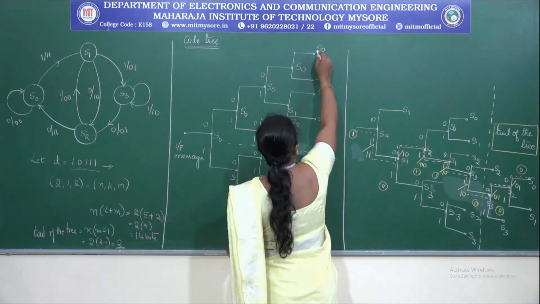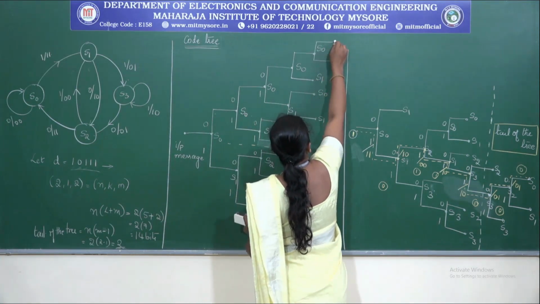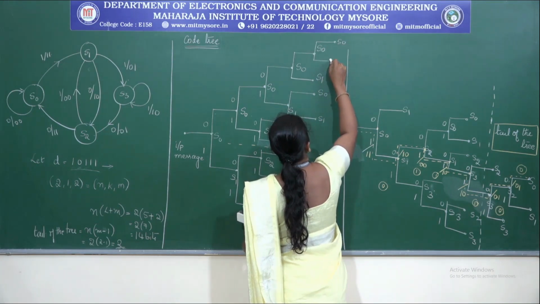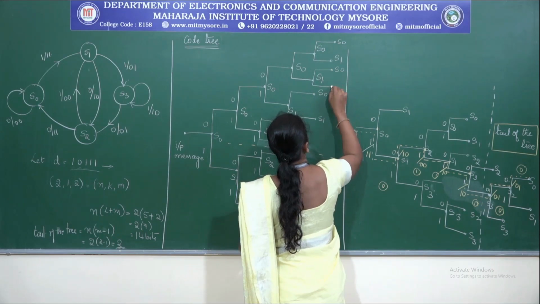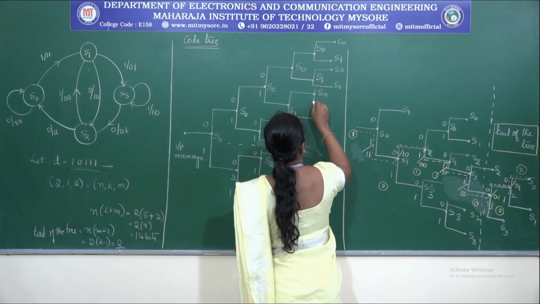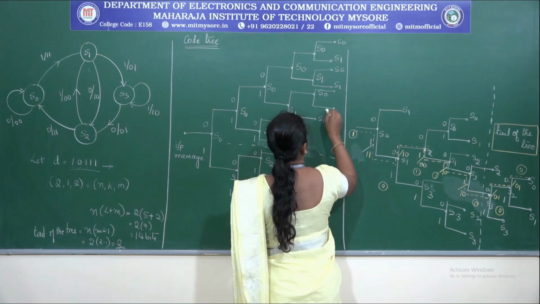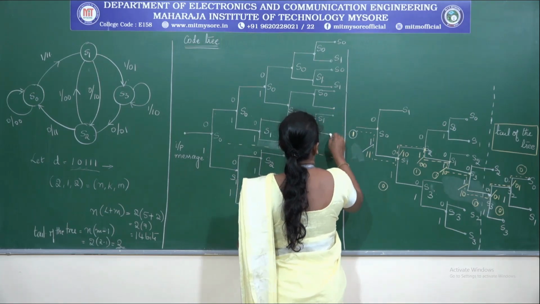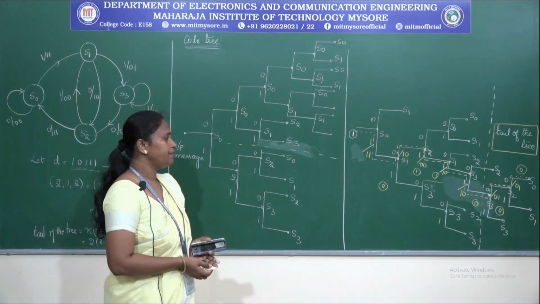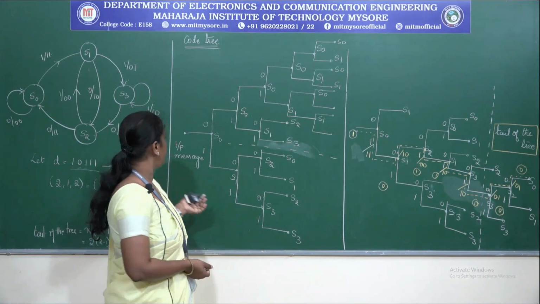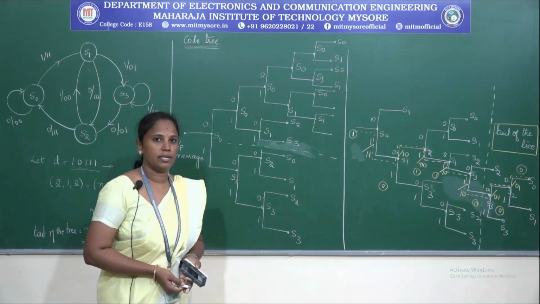You have to write S0, S1, similarly S0, S1. All these stages need to be completed. This is how we find the code tree by looking into the state diagram.